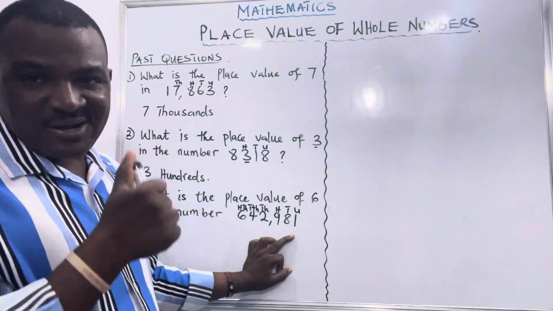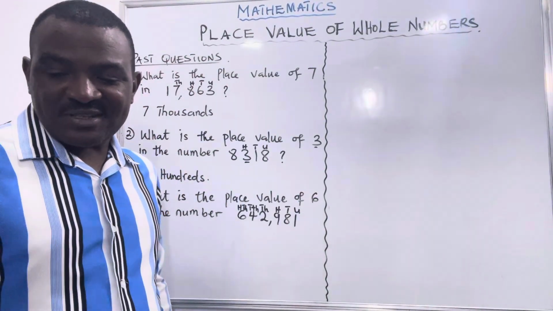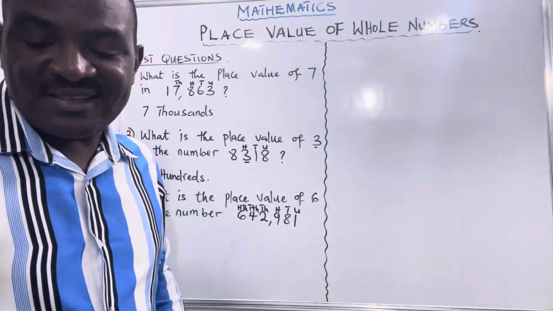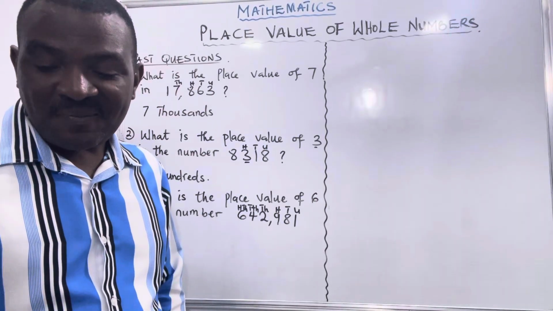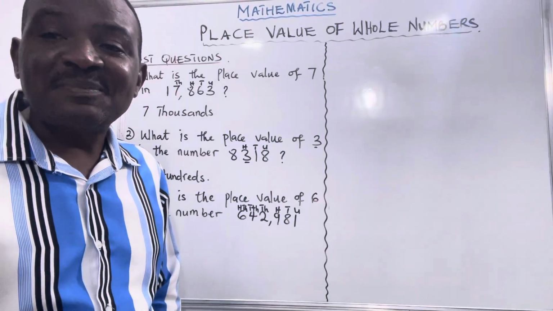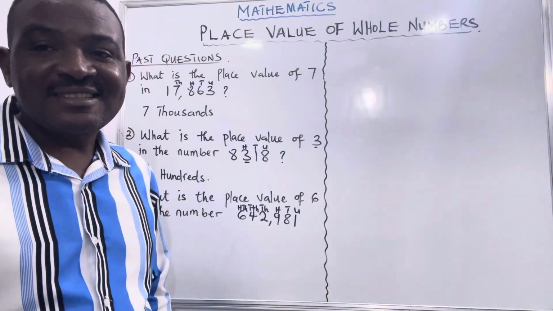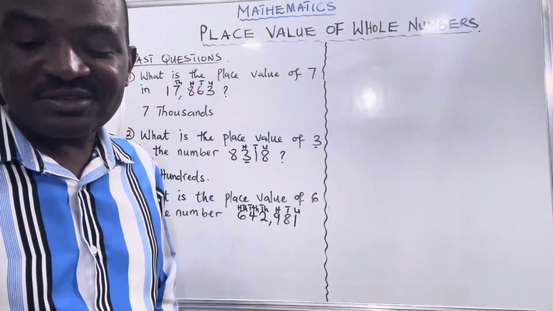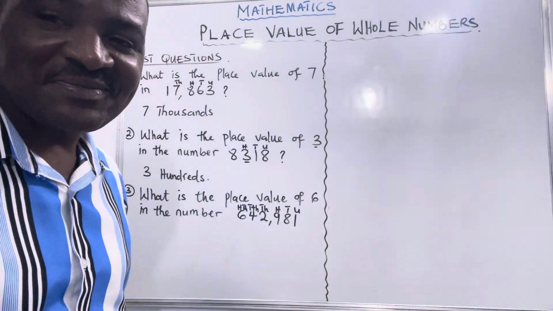Now, in the options, we are going to see the options. Option A says 6 units. Option B says 6 tens. Option C says 6 million. Option D says 60,000. Then option E says 600,000.